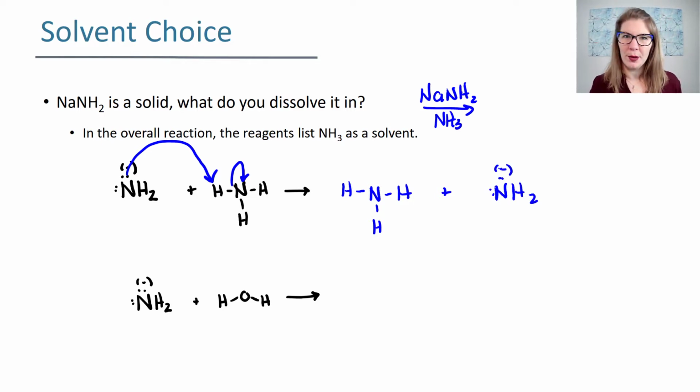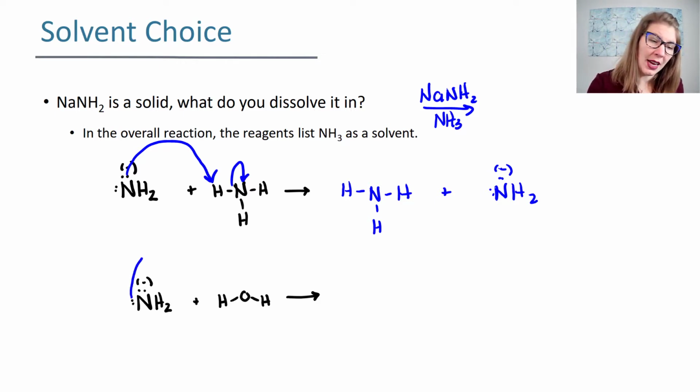Now here's the problem. When you're new to organic chemistry, you've spent so much time in general chemistry thinking water was the solvent for everything that sometimes we make mistakes and add water. If we added water to this in lab, we would not get what we wanted, because the amide is such a strong base and water is actually kind of acidic in comparison. It's got a pKa of 16.